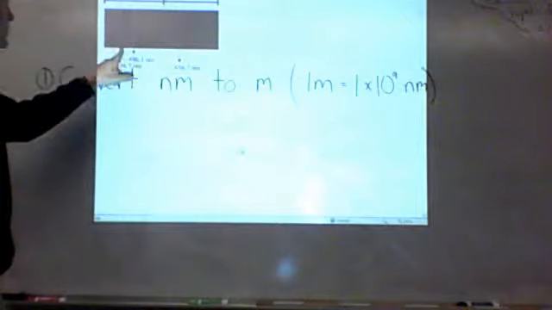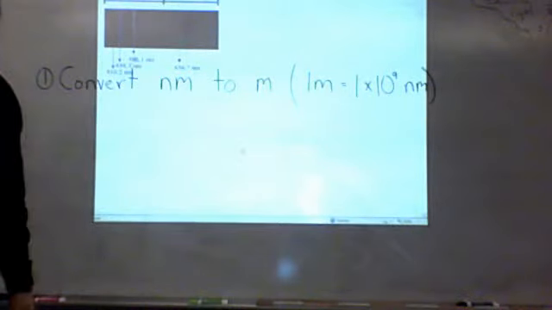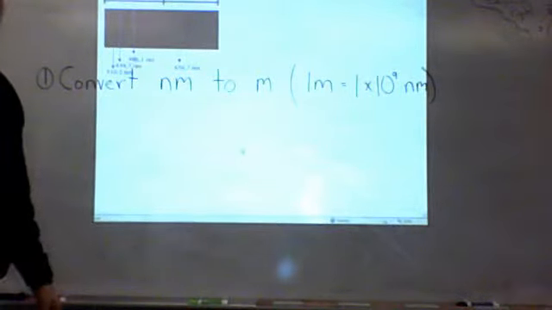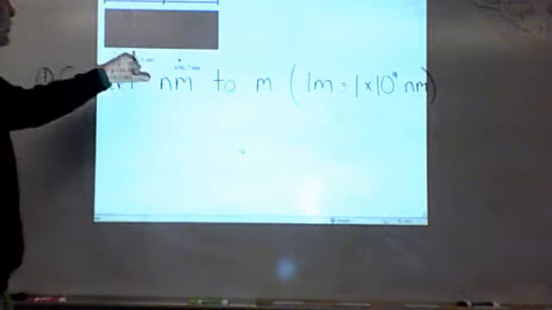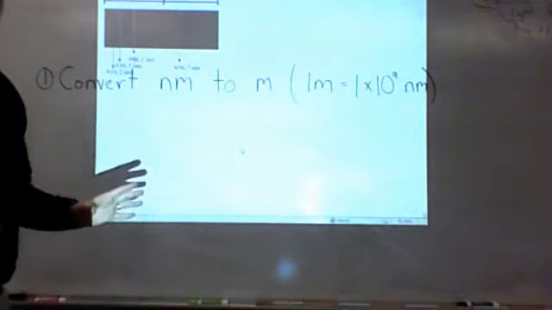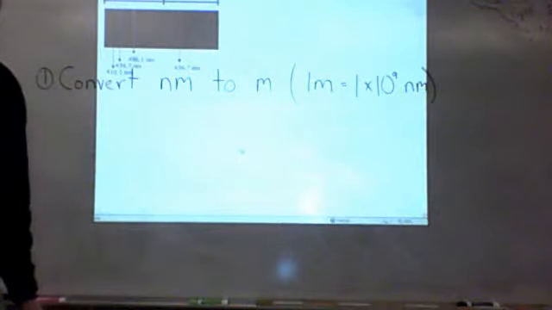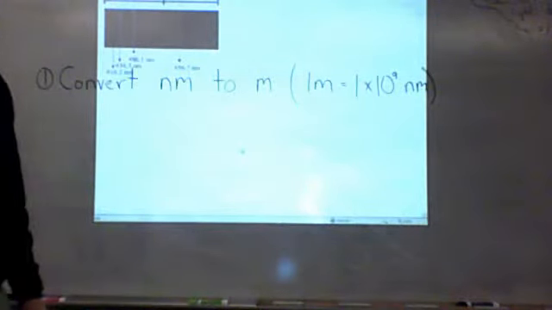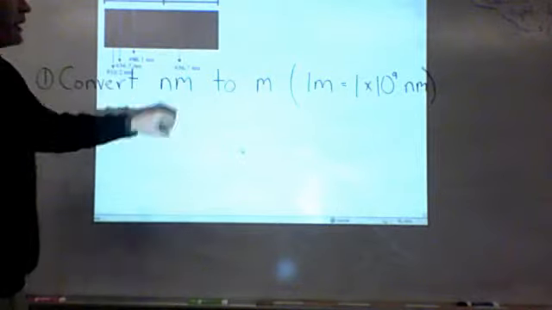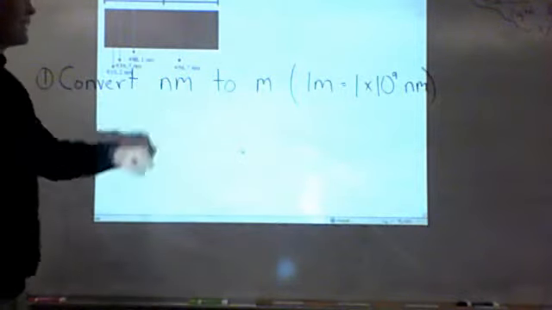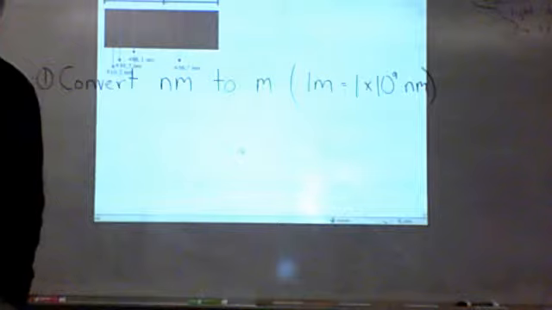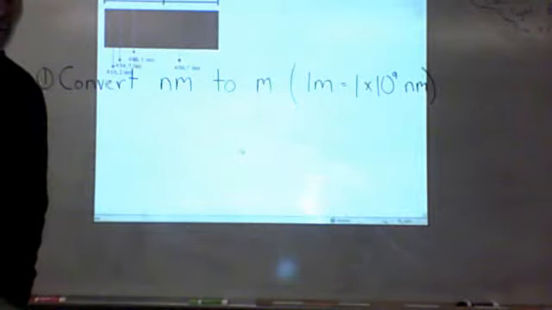There's a second blue line with a wavelength of 435 nanometers, a third sort of teal, blue-green color, that has a wavelength of 486 nanometers, and then finally a fourth line that is red in color that has a wavelength of 656 nanometers.